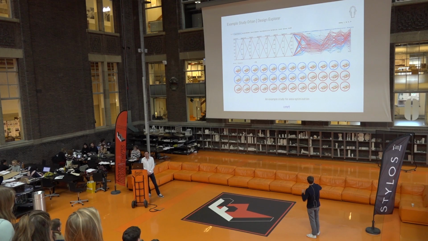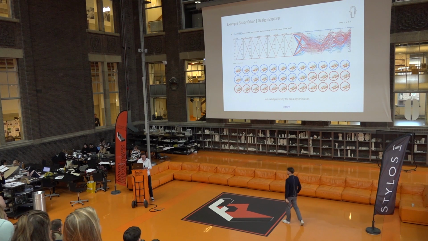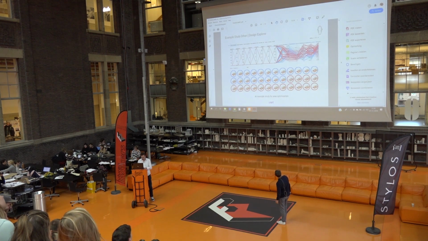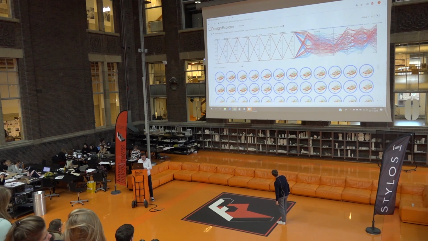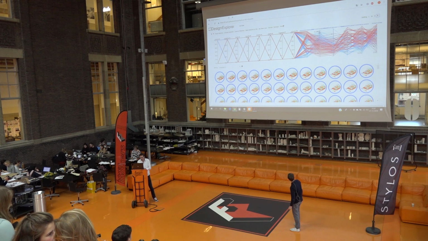And that looks like this. And this looks very complicated, but it's not. And Jasper is going to show you on the internet how we work with this and why it's so nice.